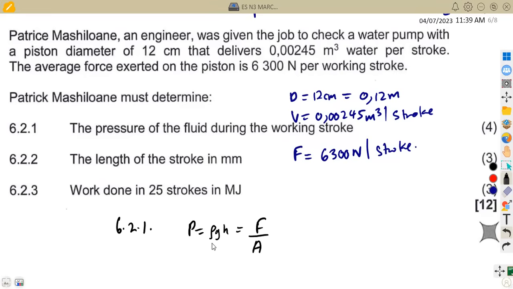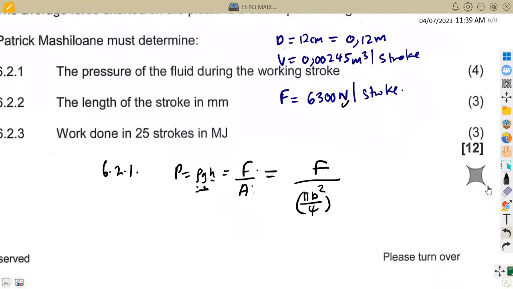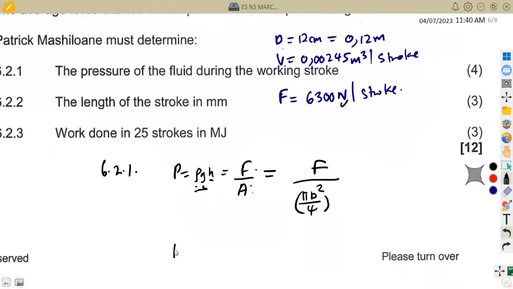We do not have density, we do not have the height, so this part is not going to work. So we are left with force over area. We have the force, we do not have area, we have the diameter. So we can calculate this to say it is going to be force over area, and remember that area is pi d squared over 4. So this is going to give us the exact pressure that we want in this case. All right, so our P for pressure is going to be the force.